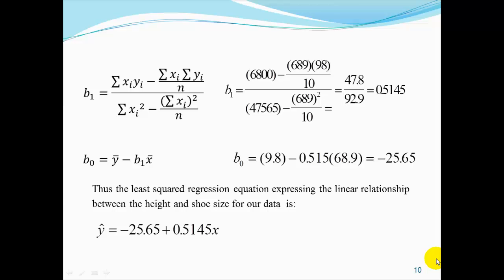Recall our formula for computing B1. It's equal to the summation of x times y, which on the previous slide is 6,800, minus the summation of x, which is 689, times the summation of y, which is 98, divided by n, which is 10. All of this should be divided by the summation of x squared.